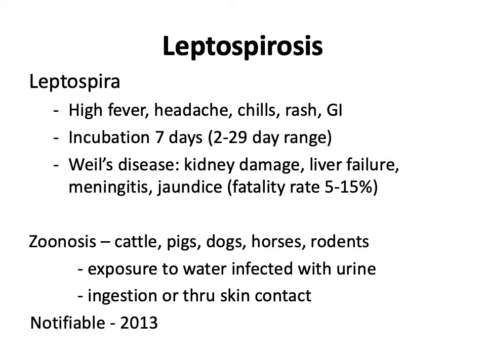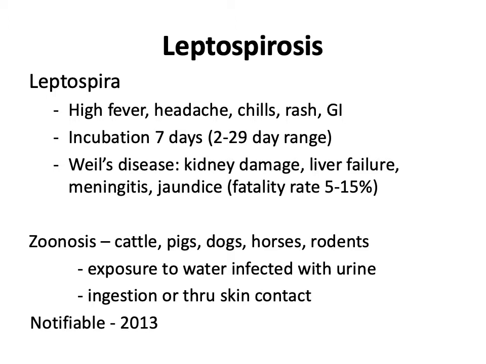The incubation period is generally around a week, but can be as short as 2 days or as long as 4 weeks. Outbreaks of leptospirosis are usually caused by exposure to water contaminated with the urine of infected animals, such as cattle, pigs, horses, dogs, rodents, and wild animals, hence the term zoonosis. Humans become infected through contact with water, food, or soil containing the urine of these infected animals.